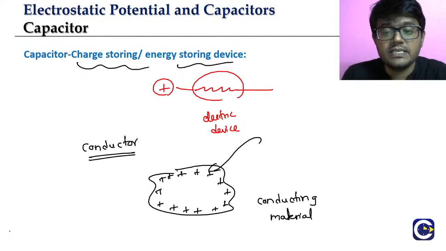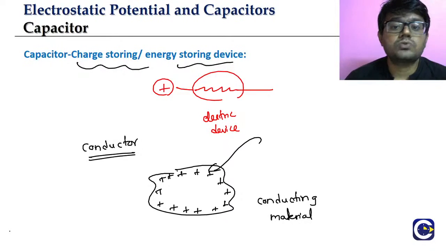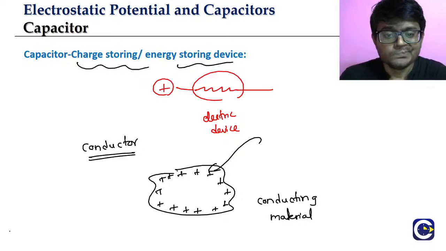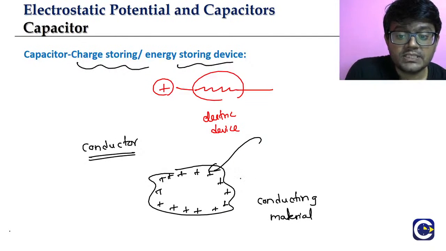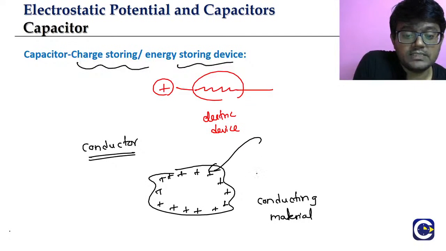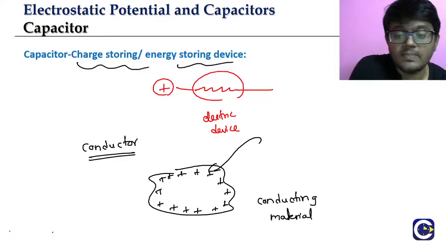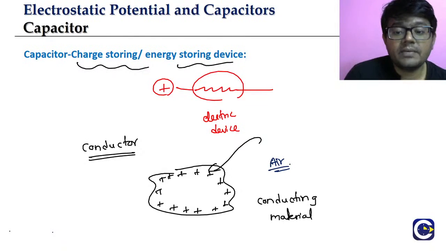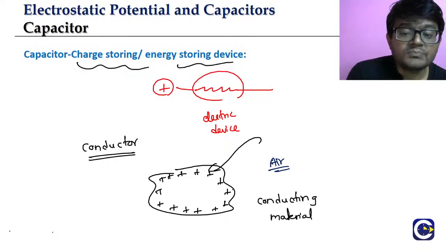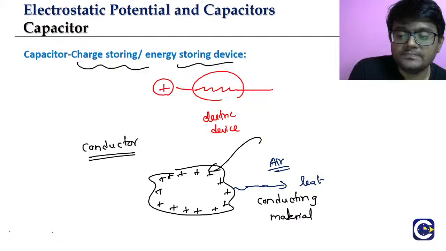But do you know the limitation here? We will not be able to store as much charge as we want. After some time, what is the medium outside this conductor? It is the air, right? After some time, you will see that the charge will leak through the air.